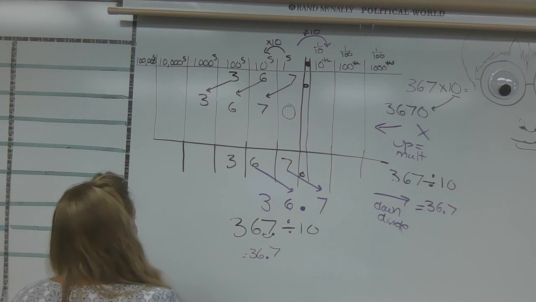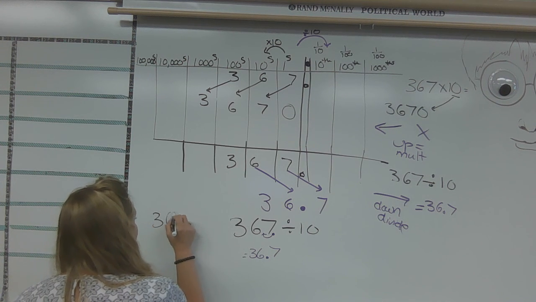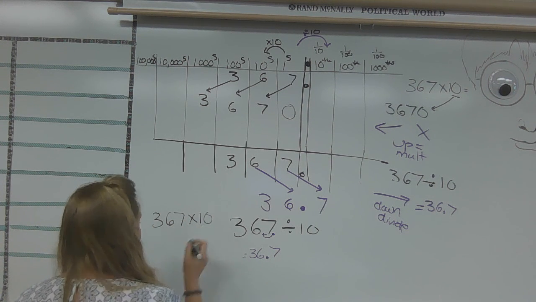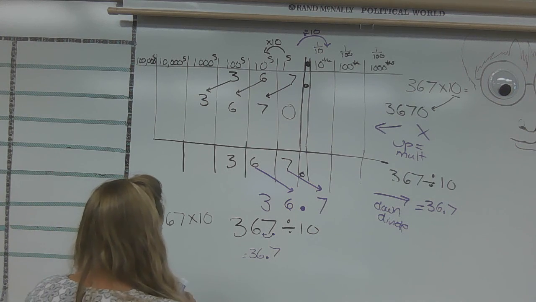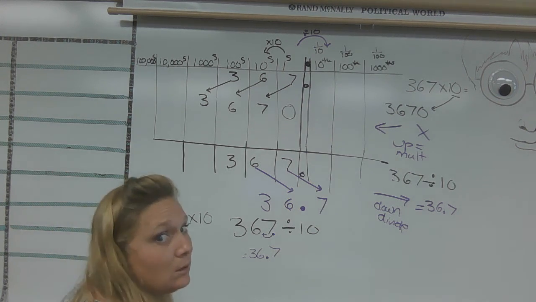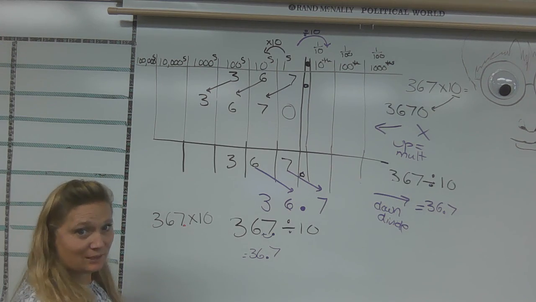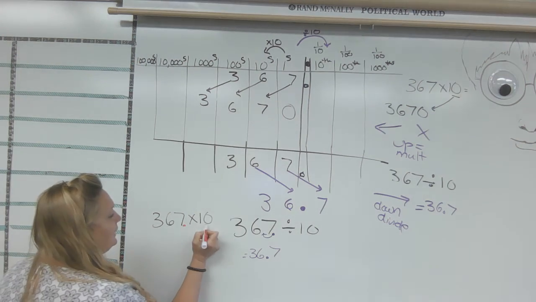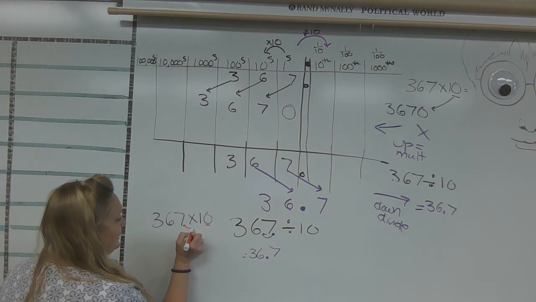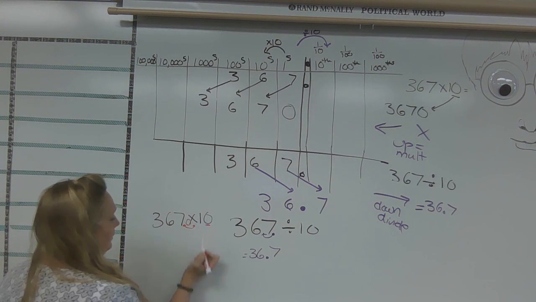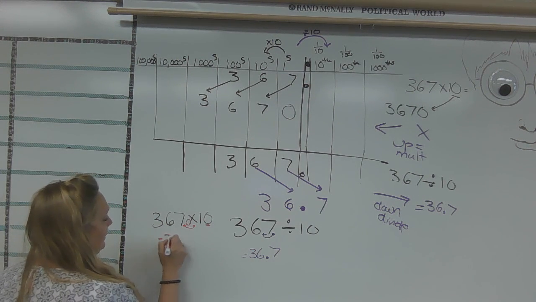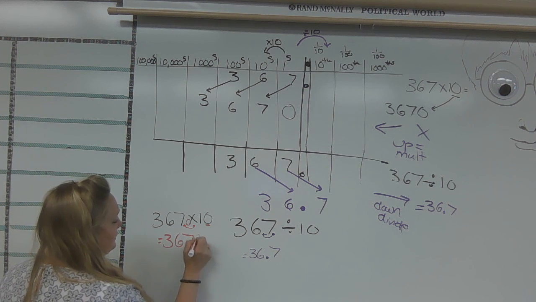On the other hand, if I was getting 10 times bigger, I had 367 times 10, I knew that the decimal point was right here, because the decimal point exists in every number at the very end, but I need it to be 10 times bigger, so I'm technically shifting the decimal point over 1 and putting it there. That's how my answer became 3670.